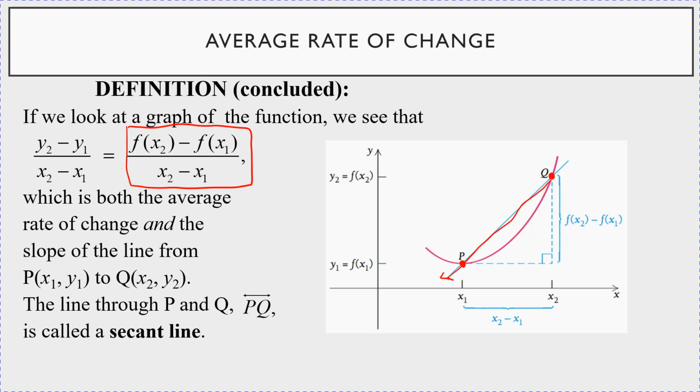This straight line through the graph between 2 points is what we call the secant line. And the slope of this secant line represents the average rate of change of our function y is equal to f of x from P to Q. So it's the average rate of change to go from here to here.